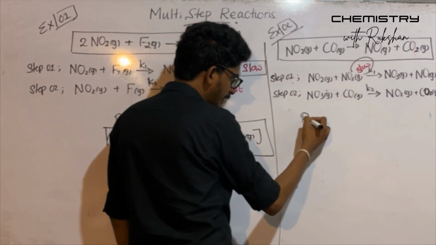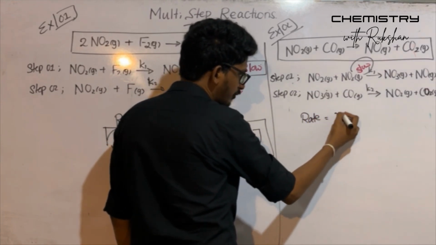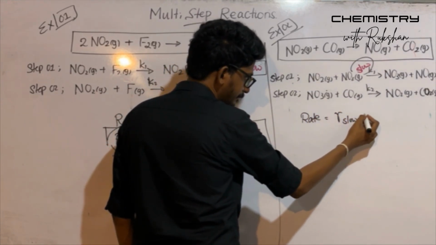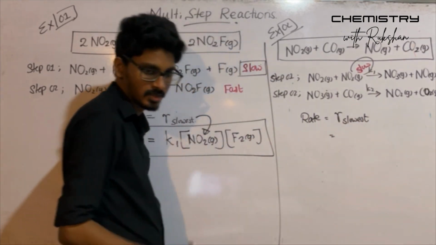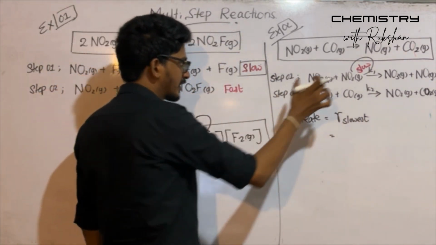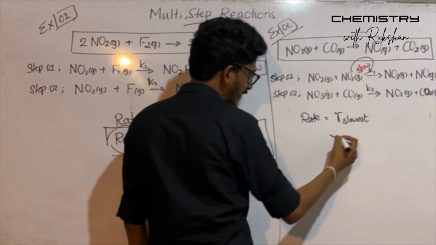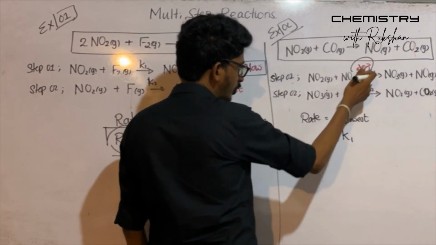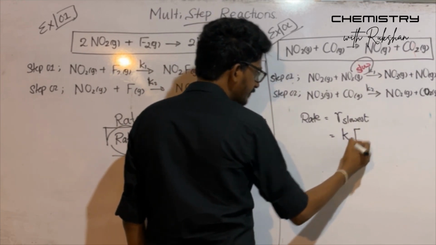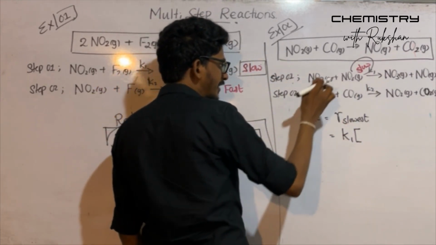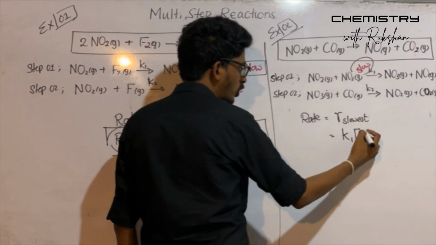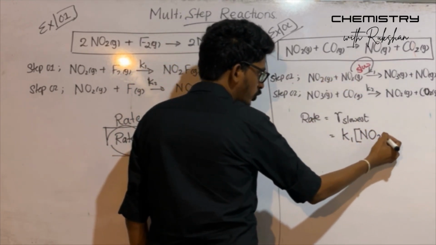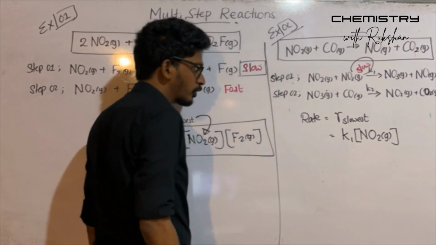You can write the rate is equal to the rate of the slow step. As the slow step is also elementary, you can write the rate constant of the slow step times the reactant of the slow step, which is NO2. Only NO2 appears as a reactant at the slow step.